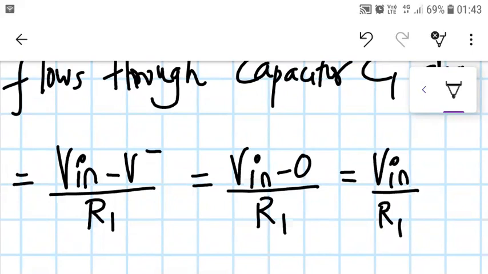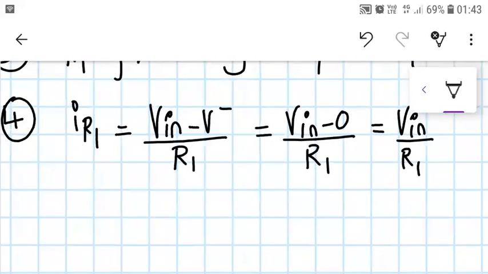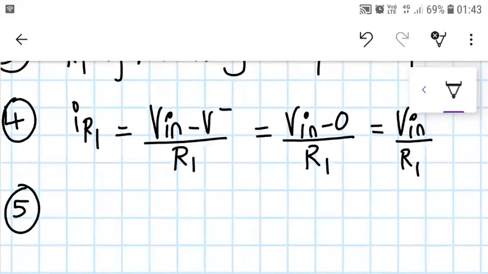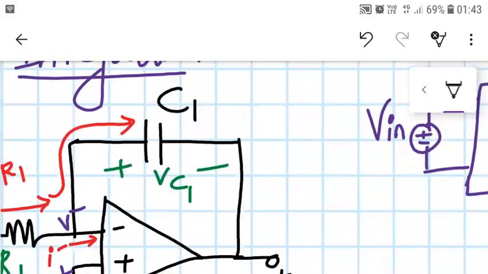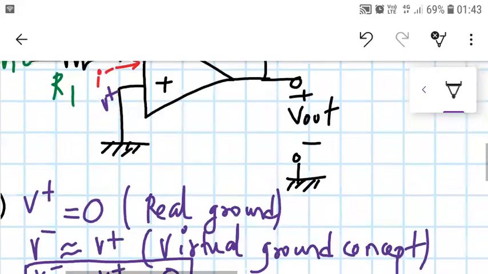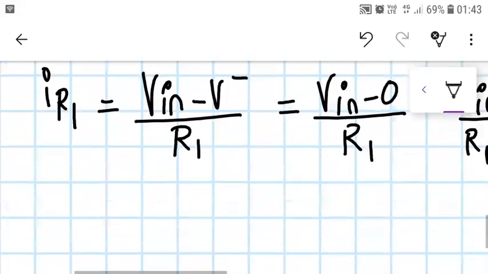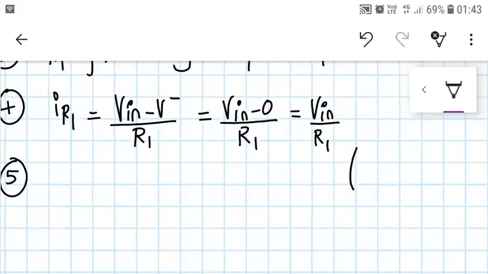Okay, so from step number 4, step number 5: the same current flows through the capacitor. So we can also write the current flowing through the capacitor as IR1. The current flowing through any capacitor is given by C dV by dt, where V is the voltage across the capacitor.